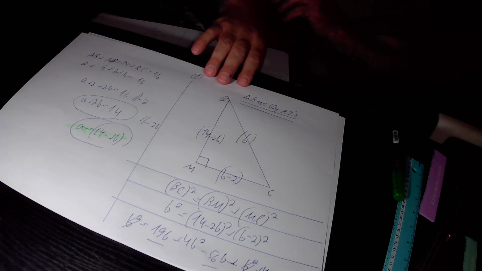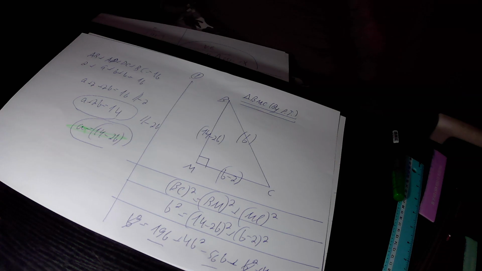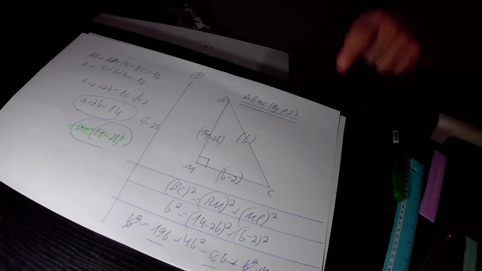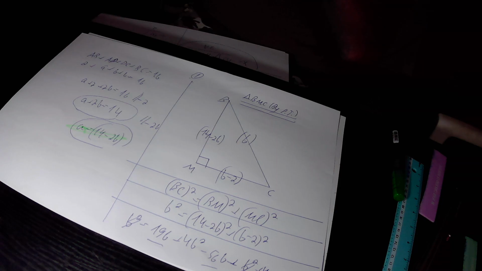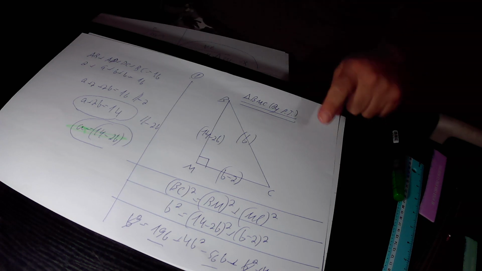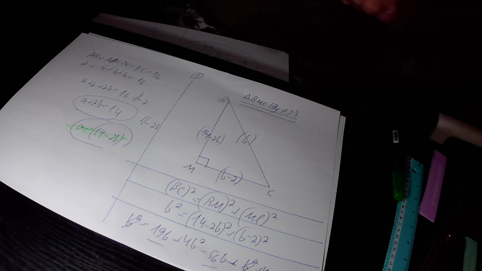This is the right triangle BMC that I copied from the original drawing. In this triangle BMC, according to the Pythagorean theorem, BC squared, that is the square of the hypotenuse, equals BM squared plus MC squared.